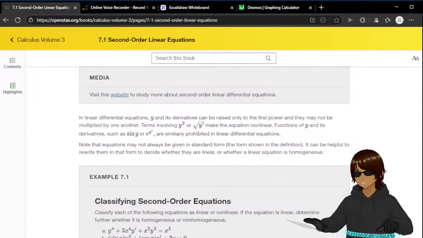In linear differential equations, y and its derivatives can be raised only to the first power, and they may not be multiplied by one another. Terms involving y squared or root y or the derivative of y squared make the equation nonlinear.